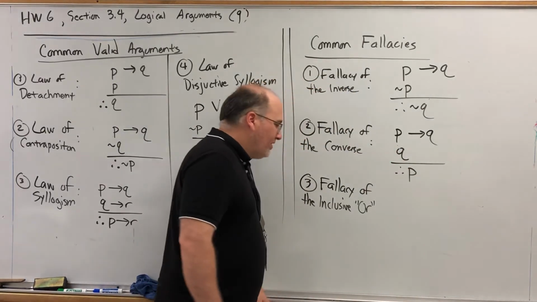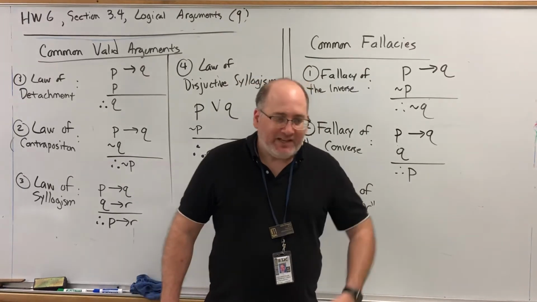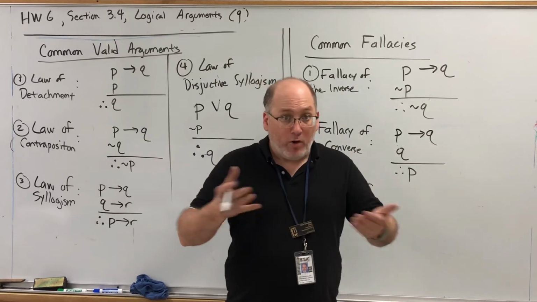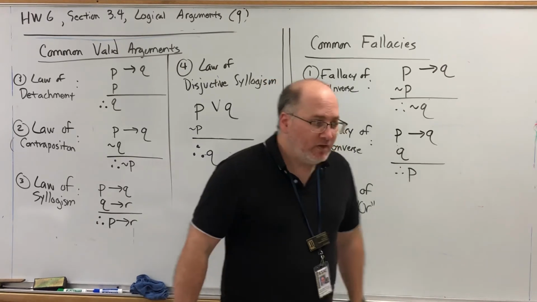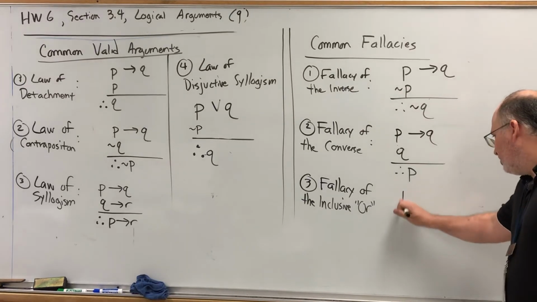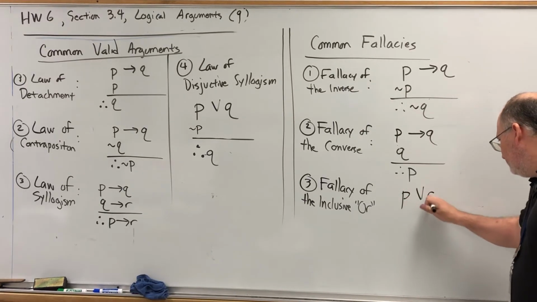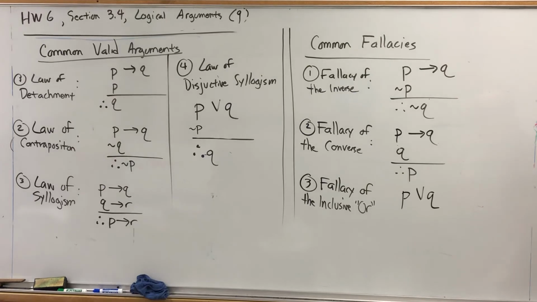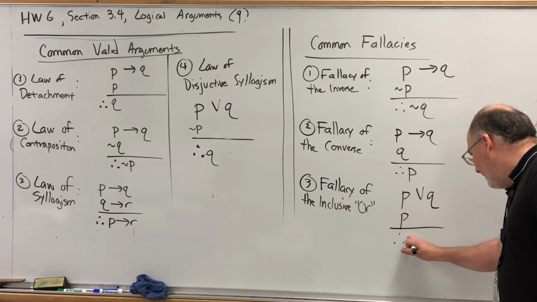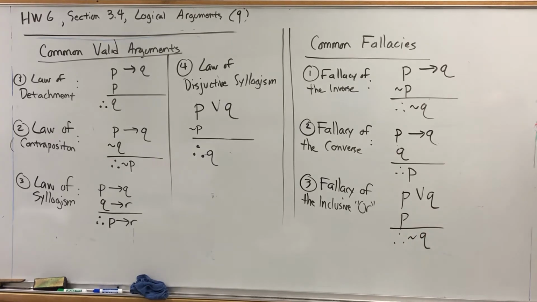The fallacy of the inclusive or is making the mistake that when you see the word or, logically it means one or the other, but not both. And the argument form looks something like this. It starts with a disjunction. And then I say, well, the first part's true. And the incorrect conclusion is the second part is false. I have dogs or I have cats.